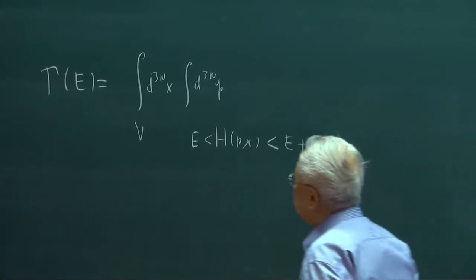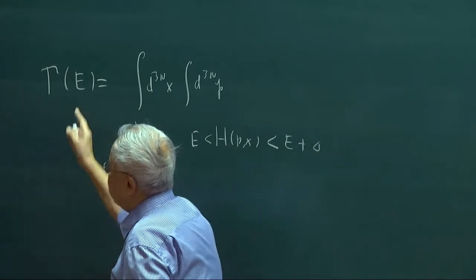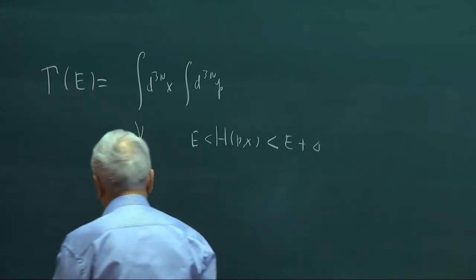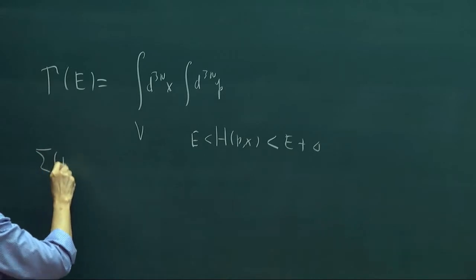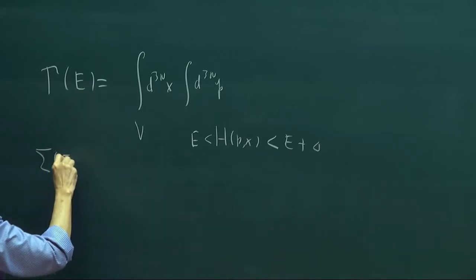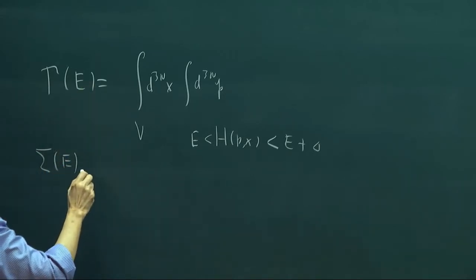The thermodynamics is given by saying that the logarithm of this term is the entropy. Now, one can calculate this small sigma of E. I omit the V dependence for convenience.